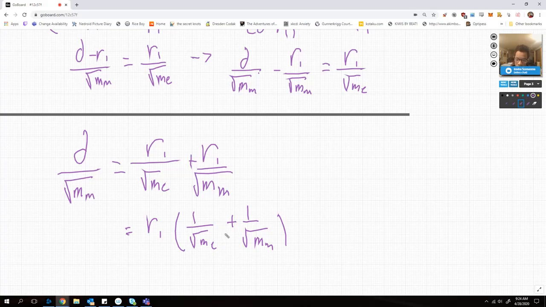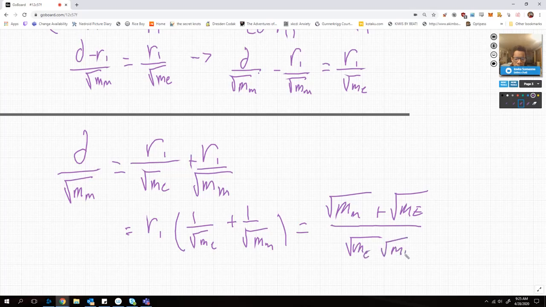All right. So now we find a common denominator. Square root mass of Earth times square root mass of moon in the bottom, square root mass of Earth plus square root mass of moon in top. So we're going to get (square root mass of moon plus square root mass of Earth) over (square root mass of Earth times square root mass of moon).